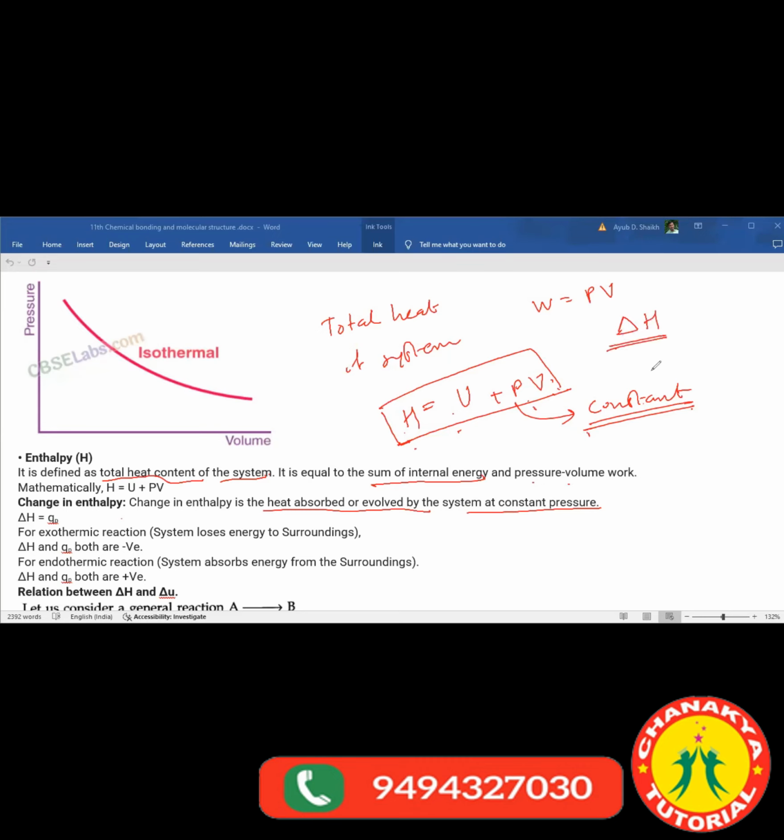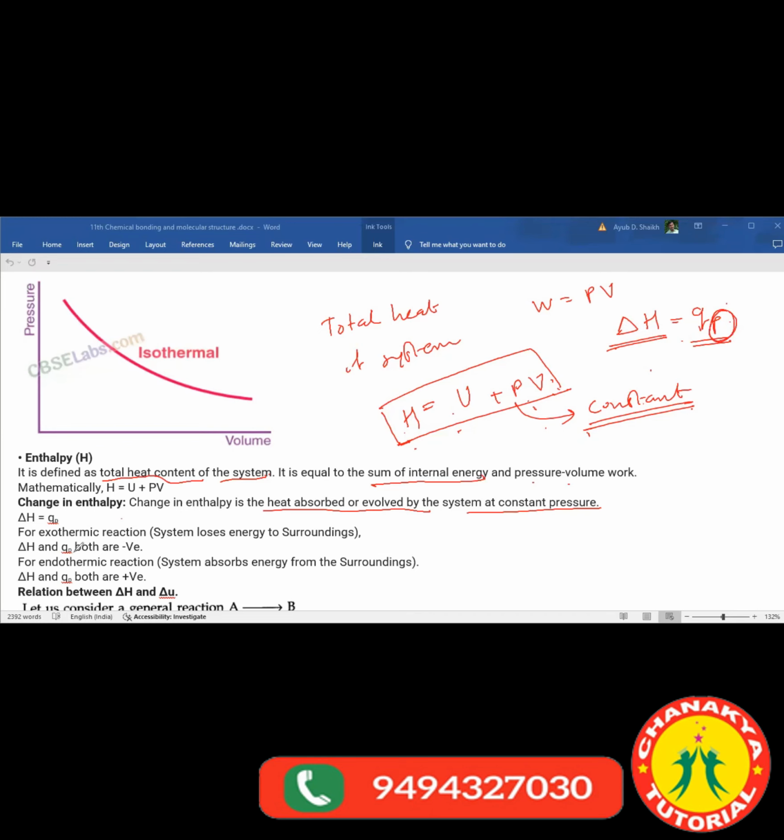Initial enthalpy and the final enthalpy. From the final enthalpy, initial enthalpy needs to be subtracted. So change in enthalpy is nothing but delta H, which is equal to QP, the change in heat, final heat and the initial heat at a constant pressure. Understood?